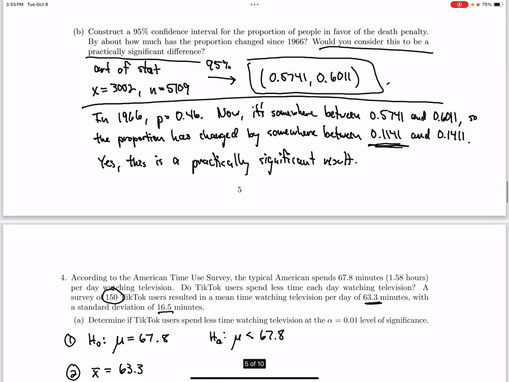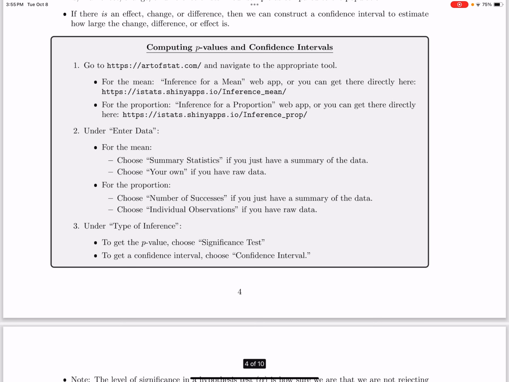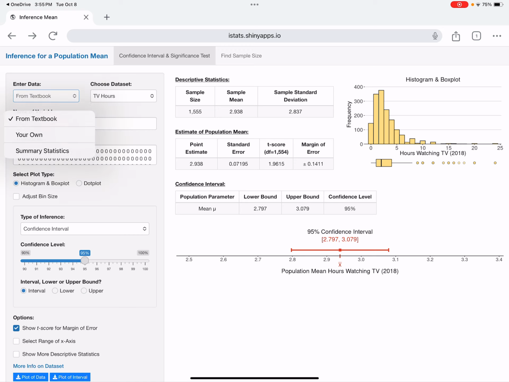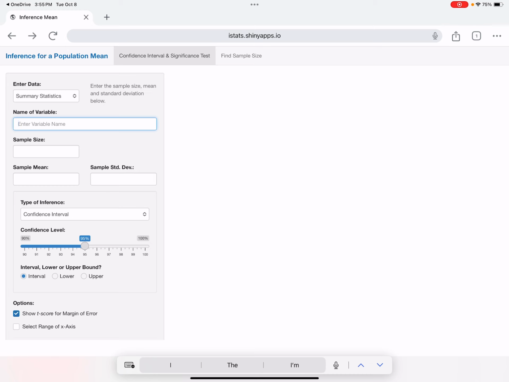Okay, so I want to go to inference for the mean. I'm going to open up this app. I want to enter summary statistics. We can call this minutes watching television or something like that.